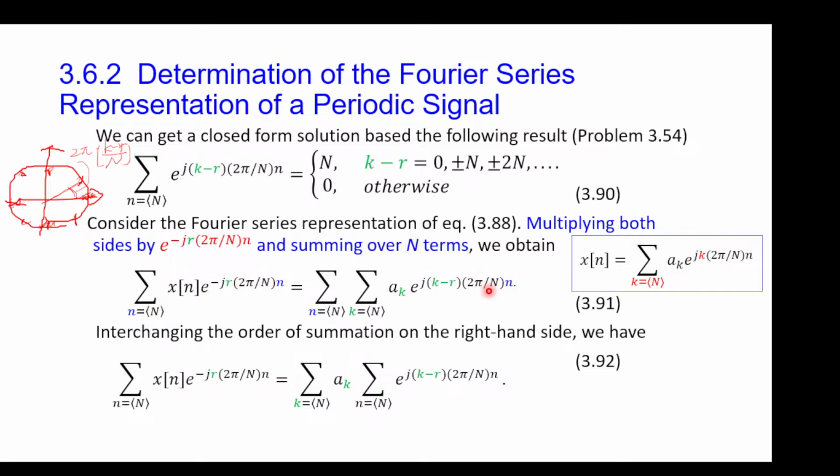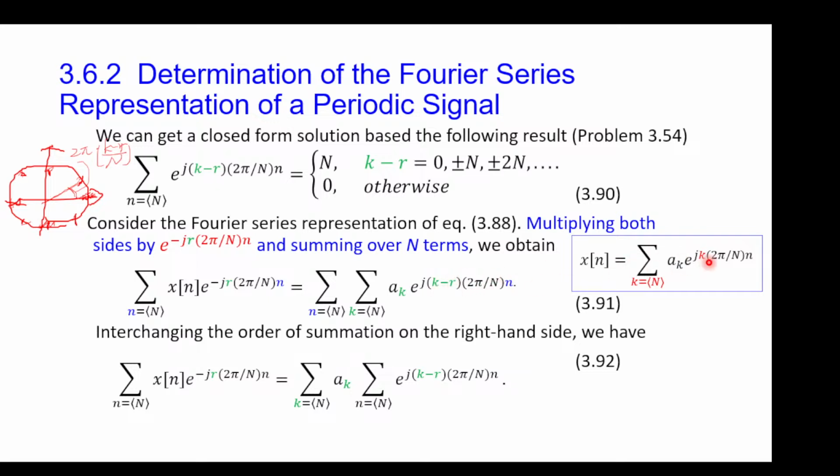So here nothing really happened. We multiply by e to the minus j r omega naught n on both sides, and then we sum over big N. On this side, we just combine those two terms. We have two exponentials, and we can combine them by adding their exponents.